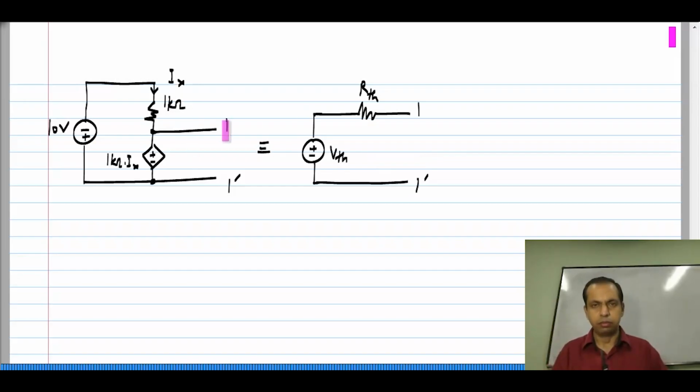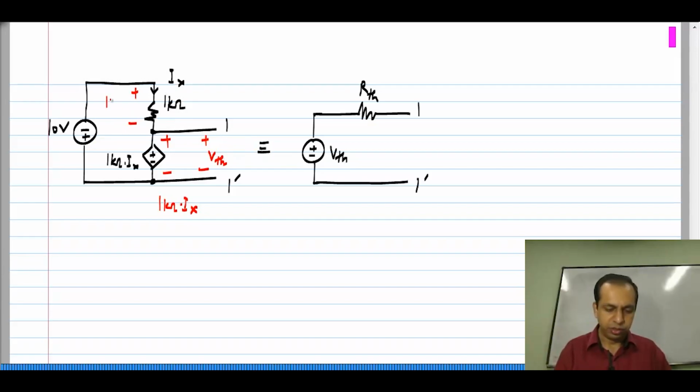Now, to find the voltage Vth, all I have to do is not connect anything to 1 and 1 prime and find the voltage between these. Okay. So, I have to find the voltage over there, and I know that the drop here is 1 kilo ohm times Ix, and the drop here is also 1 kilo ohm times Ix, because Ix is flowing through the 1 kilo ohm resistor.